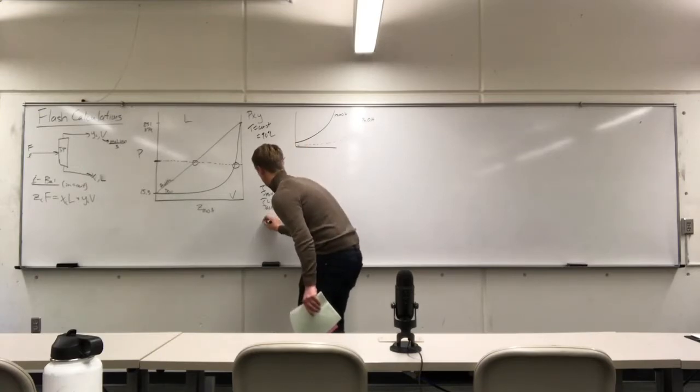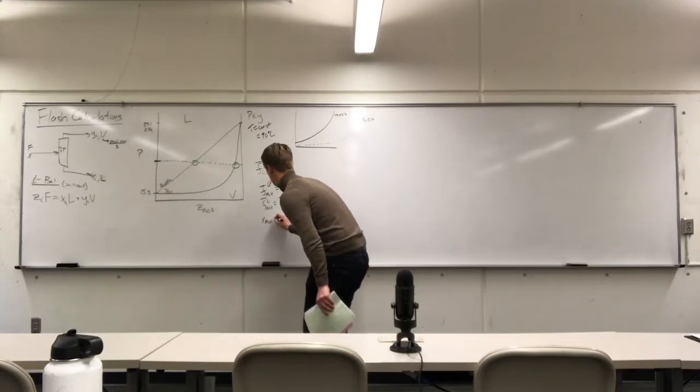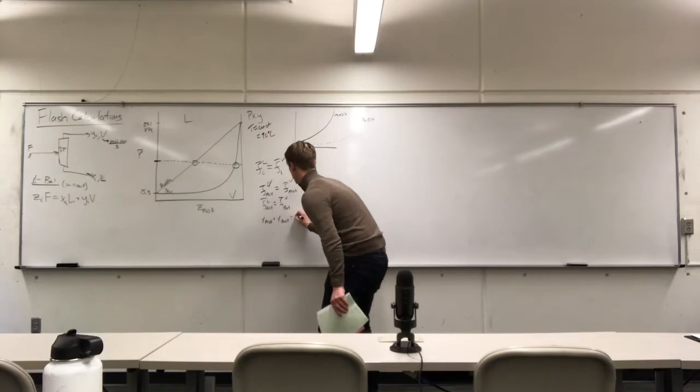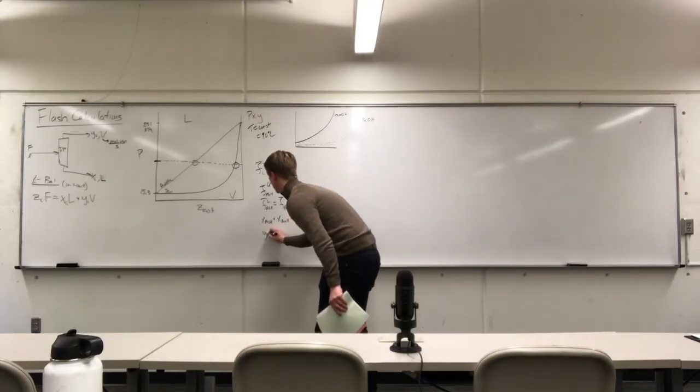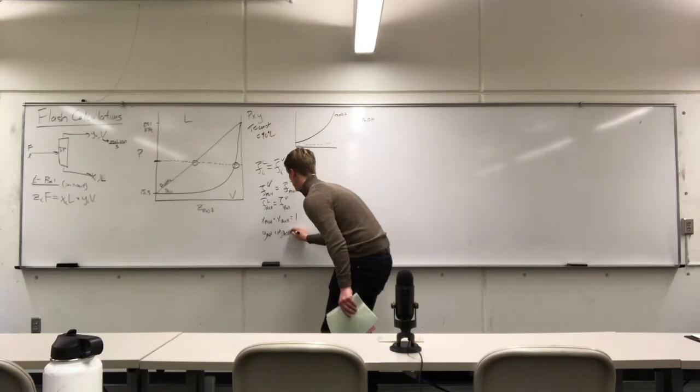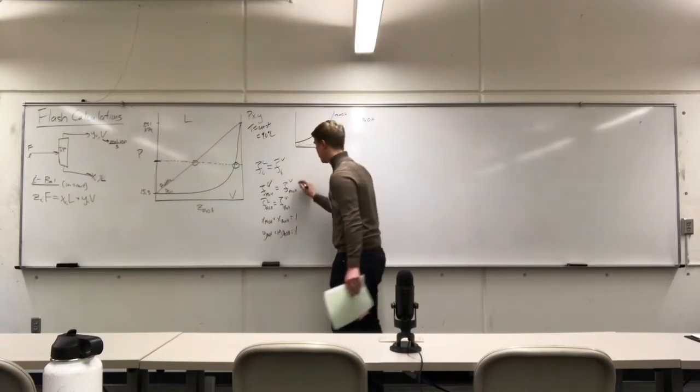The mole fraction of methanol plus the mole fraction of pentanol in the liquid phase is 1. The mole fraction of methanol plus the vapor mole fraction of pentanol is equal to 1.